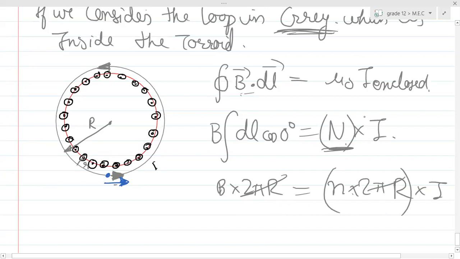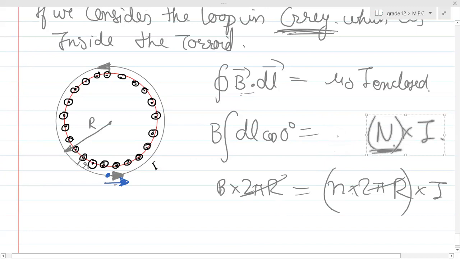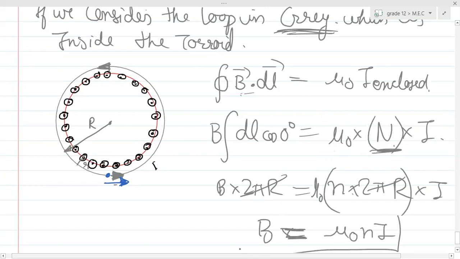And where is the mu naught? Mu naught is over here. So can you see, even if you change the shape of that solenoid, it is still mu naught n i.